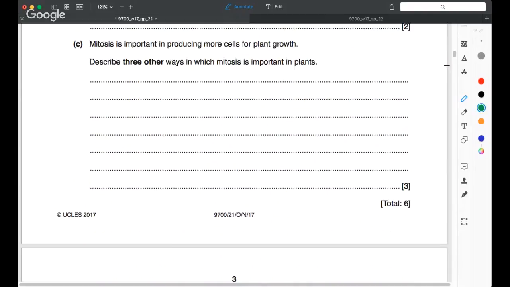Oh no, for stem cells. Okay, what do you mean about that? So stem cells use mitosis to create cells which then differentiate into specialized cells. Yeah, you definitely get the mark for that.